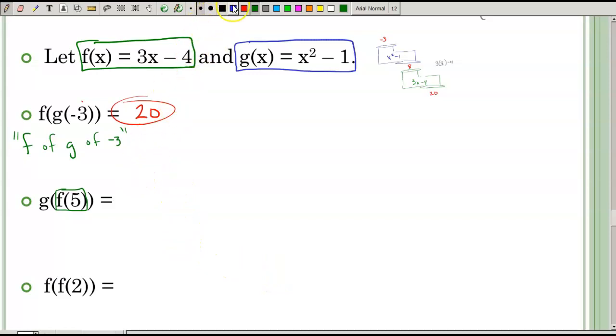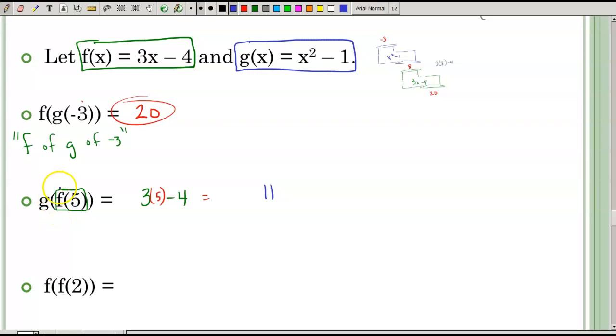That's 3x minus 4, my f function, but instead of x, I'm going to plug in a 5. So 3 times 5 minus 4 equals 15 minus 4, which equals 11. So f of 5 is equal to 11.